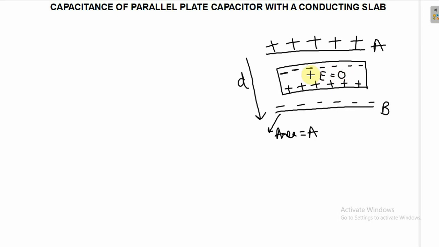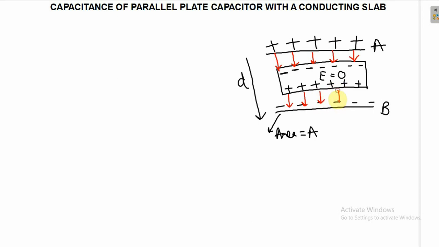Now the next thing is, what will happen to the electric field which is generated due to the positive and negative plates of the capacitor? Let us consider the field produced by the positive and negative plates of the capacitor is represented by the red color arrow.